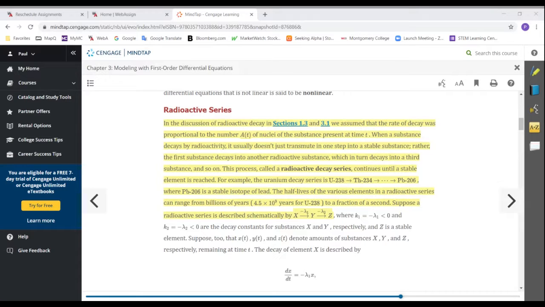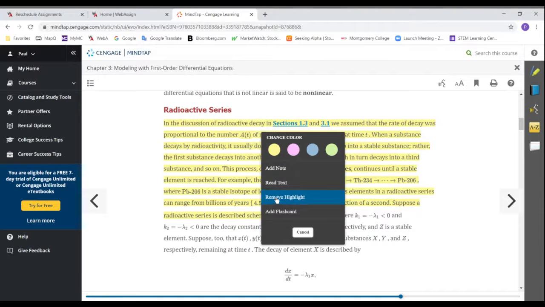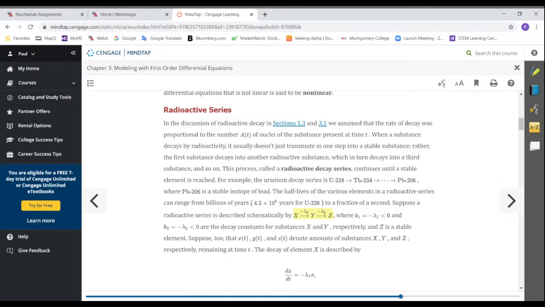So for instance, X decays to Y at the decay rate of negative lambda 0.1. Y decays to Z at the decay rate of negative lambda 0.2. Those are your decay constants.